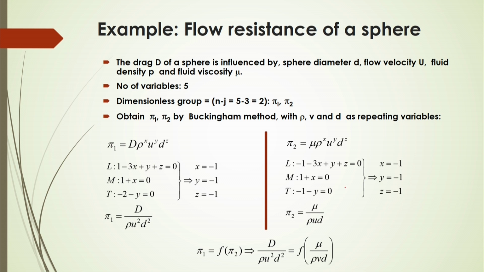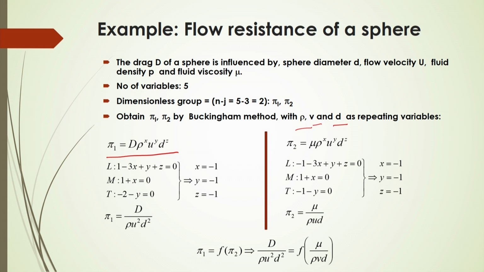Now, how do we obtain those dimensionless groups as per the Buckingham pi theorem? For that you have to choose repeating variables, here rho, v and d, as described earlier. So, what should phi 1 be? Phi 1 is equal to D rho to the power x, u to the power y, d to the power z.